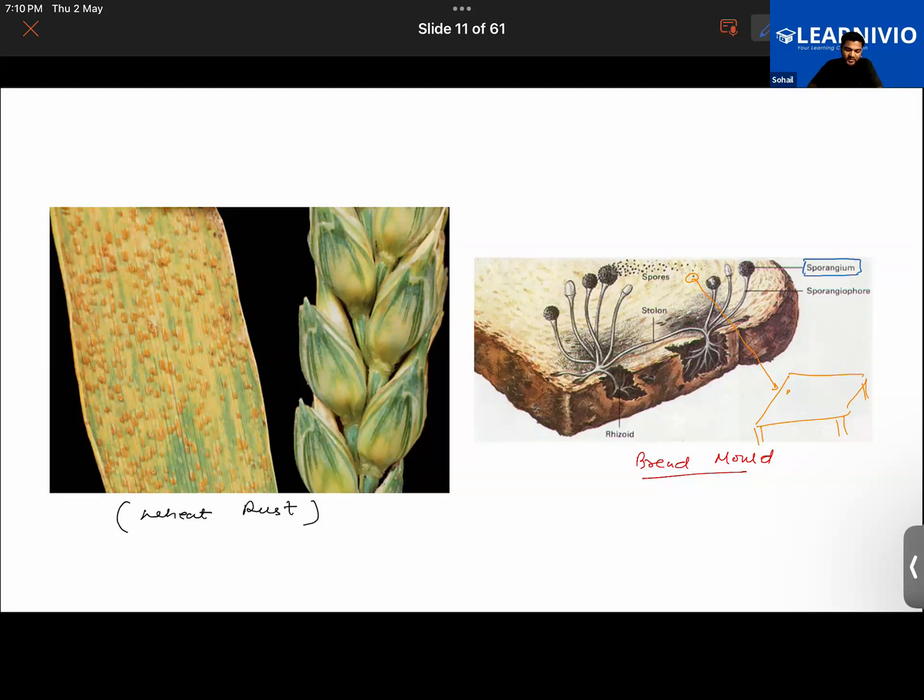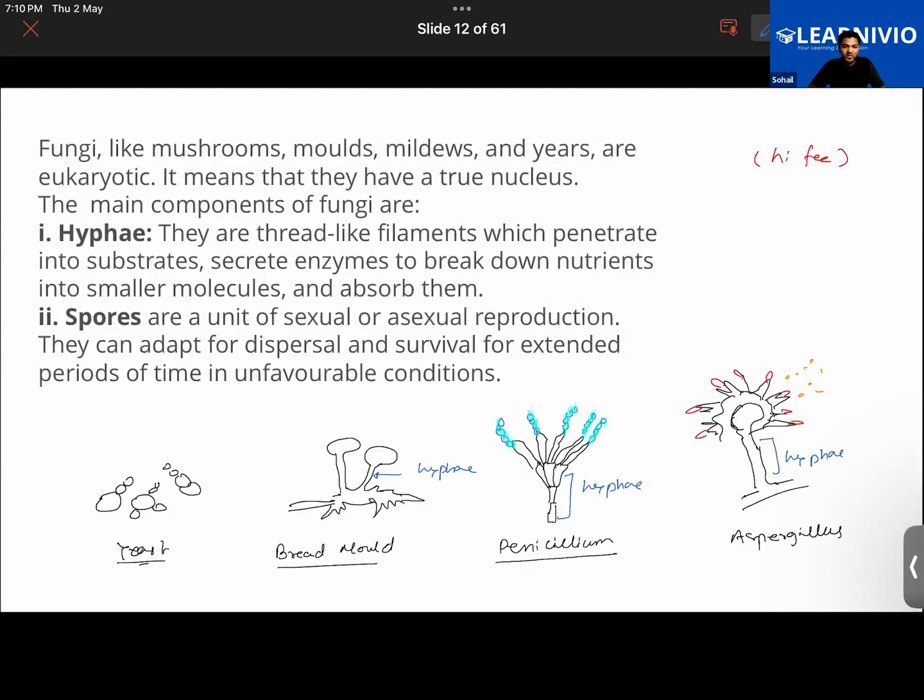So what I'm trying to say here is that this bread mold is made up of complex substances, carbohydrates, sugars, etc. In order to absorb them, this hyphae and the rhizoid, which is basically a root, will secrete some chemicals called enzymes into the bread mold, and those enzymes will convert them into soluble form.